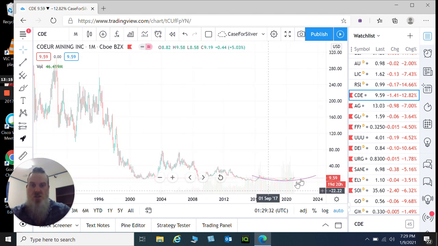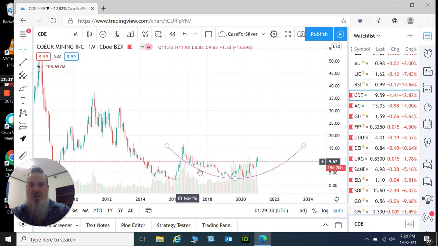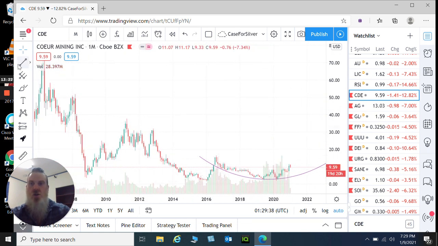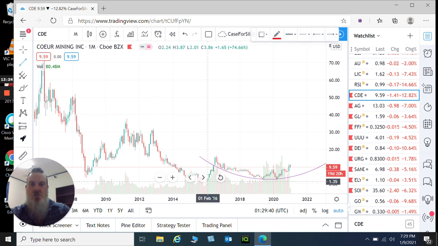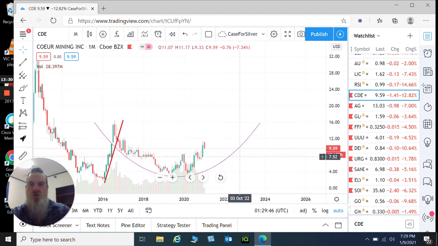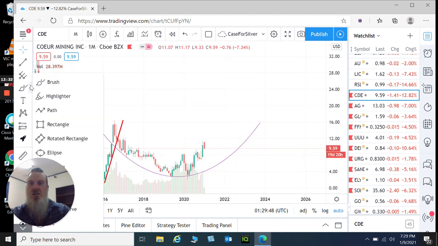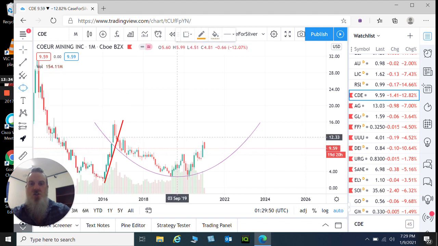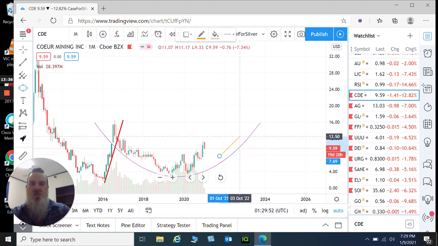So you see bottoming here. And I like this formation, right? So we kind of have a nice shoot up here. We can draw a nice trend line up here, right? We come down, we consolidate in this bull formation, right? So if I'm looking to get into this thing on a monthly chart, I like buying cheap, right?